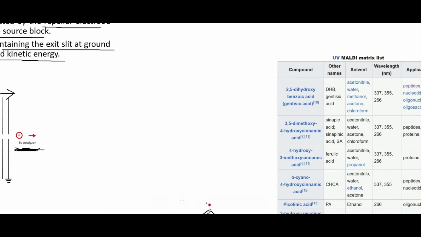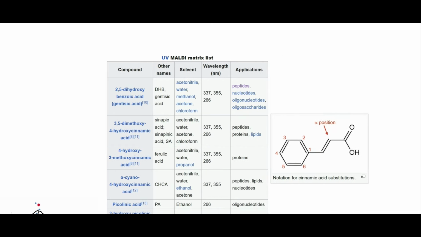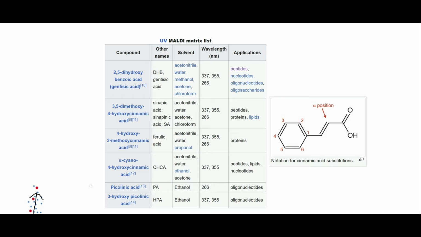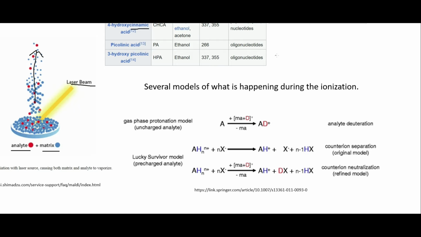So these matrix molecules, this is a list of common ones that I got from Wikipedia right here. A lot of these have the cinnamic backbone in it, and so that looks like this right here. And so these are a lot of the matrix molecules that we can use here. And there isn't really an agreed upon model of what's actually happening when the laser beam hits it. So there is what's called the gas phase protonation model and the lucky survivor model.